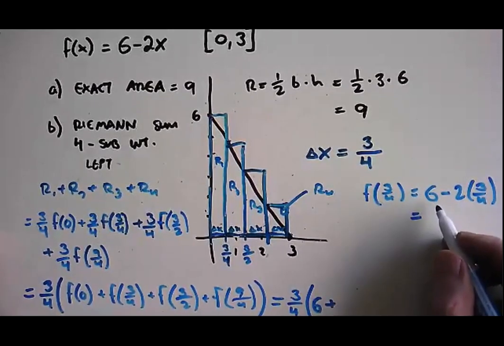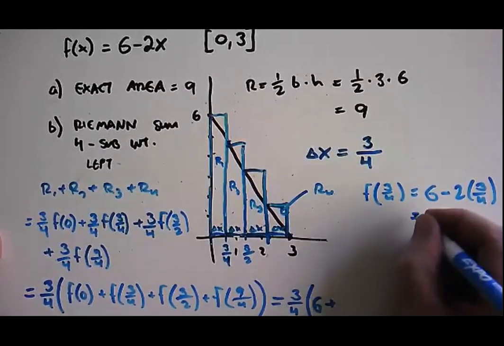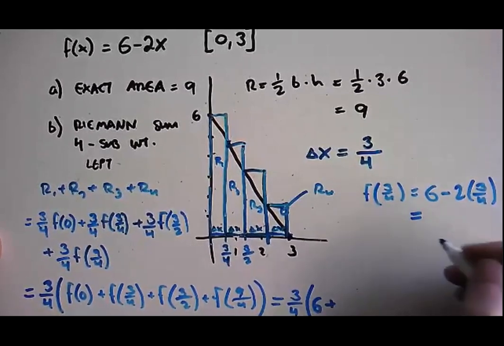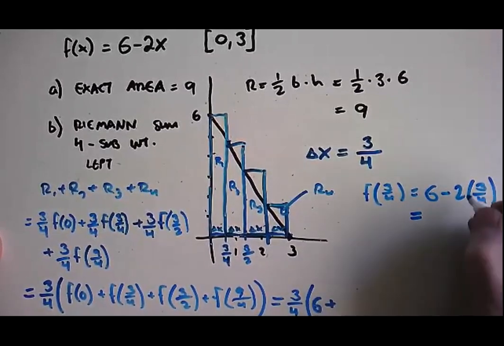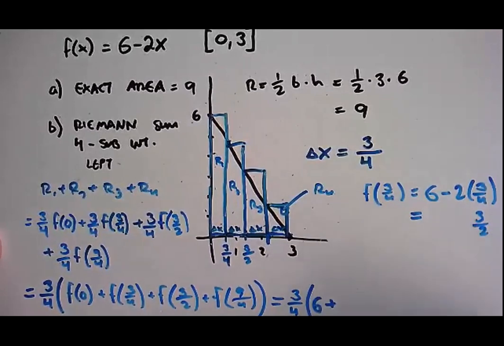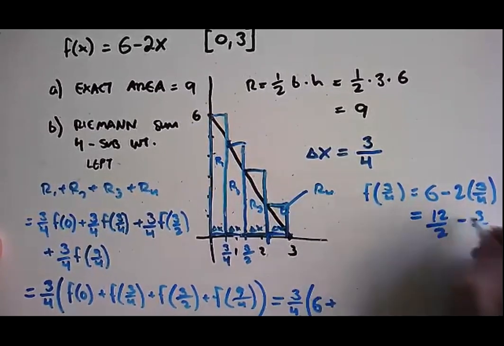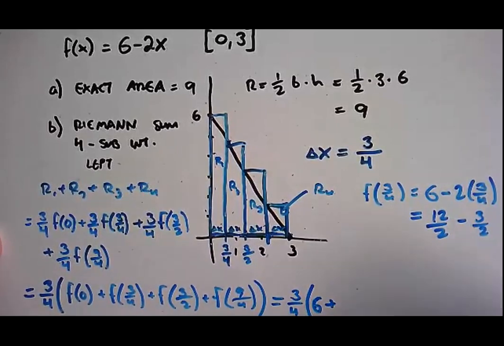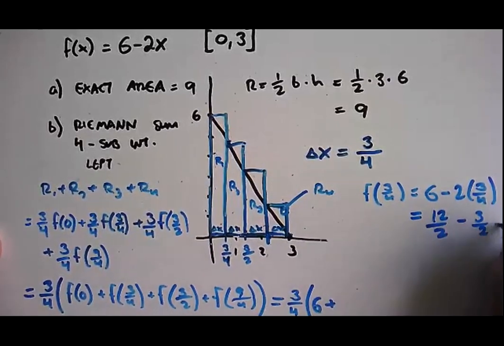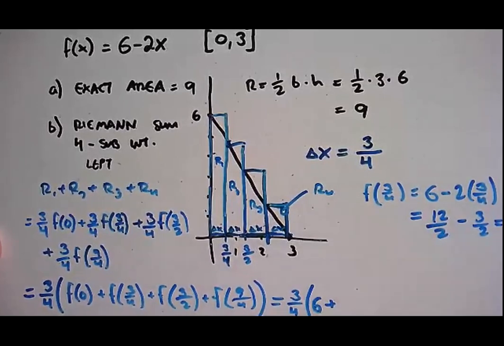I don't want to spend a ton of time on converting fractions, but I'm happy to go back and take a look at this later if people have questions about how I did this. 2 times 3/4 is 3/2, right? Because 2 is just 2/1. And so what I'm going to do is rewrite 6 as 12/2 so that I can subtract with a common denominator. So 12/2 minus 3/2 is 9/2. Right, so that's the height of my second rectangle.